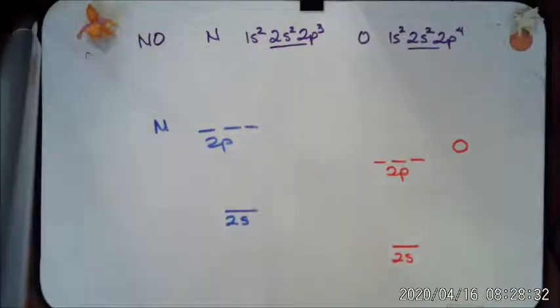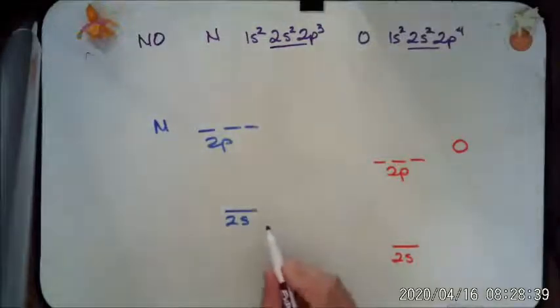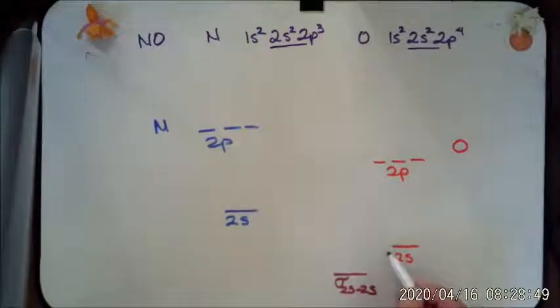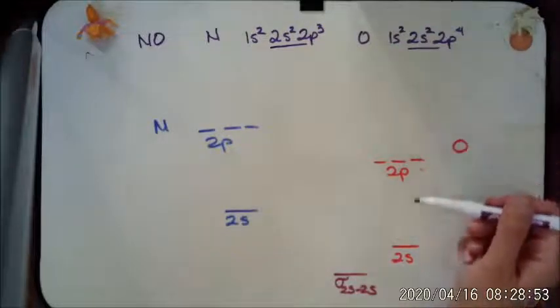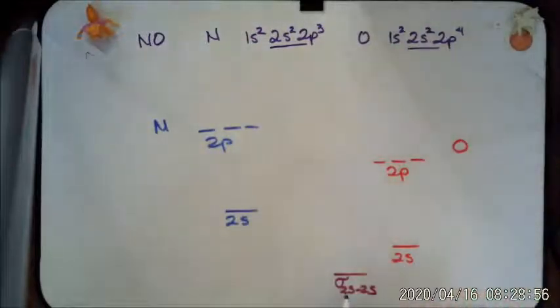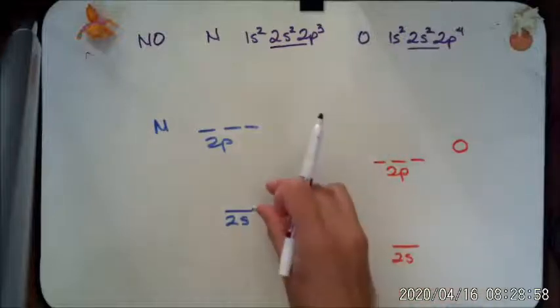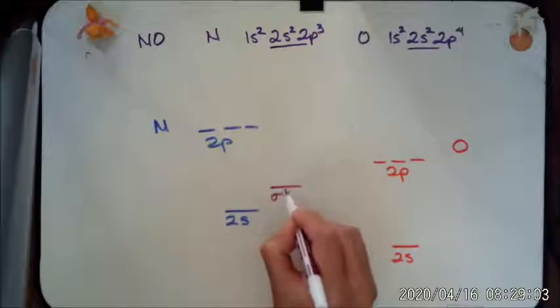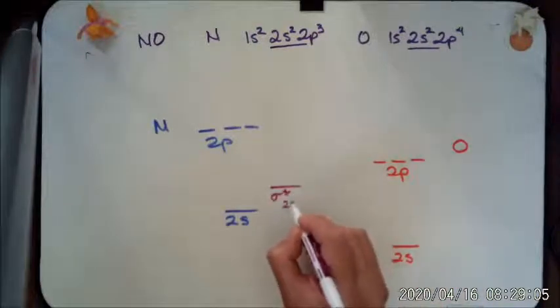So, when we make our orbitals, then what we find is that my sigma 2s is a little closer to my oxygen 2s. This is more electronegative, so it's lower in energy. That difference here is going to be the same as that difference here. This is my sigma star 2s.